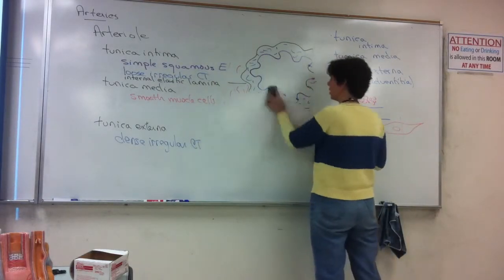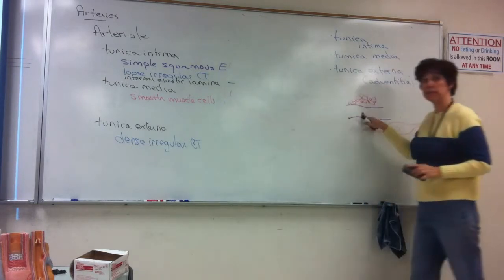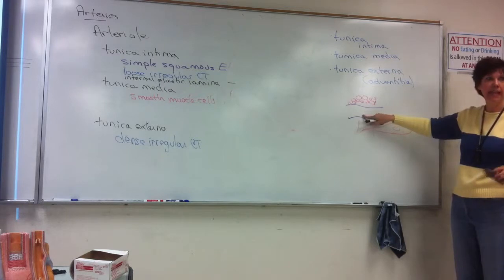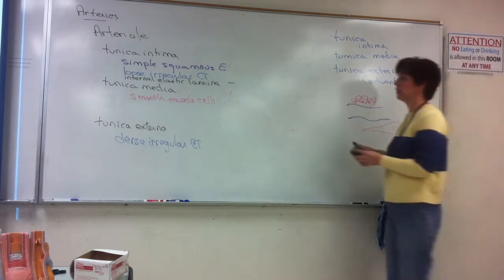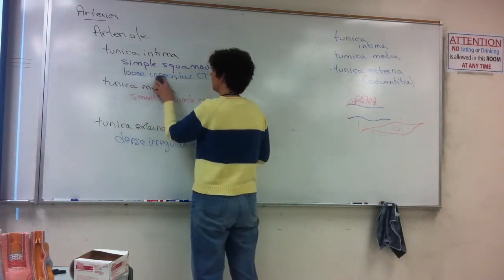The diagram of the arteriole in your lecture notes is one that's cut in longitudinal section. So you will see cross sections through the muscle cells rather than longitudinal sections. It will have a regular tunica intima.